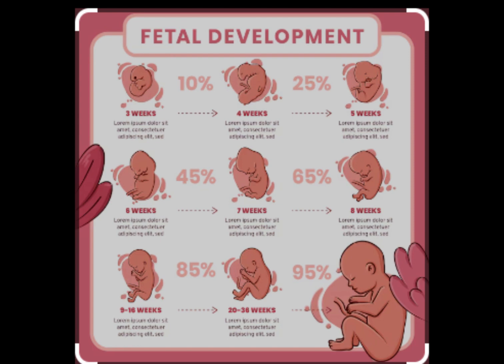The fetus's nails grow towards the end of its fingers. The area of the brain responsible for its five senses begins to develop. By the end of the 5th month, the fetus is about 9 to 10 inches long and weighs about 1 pound.